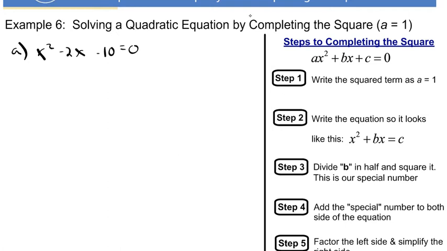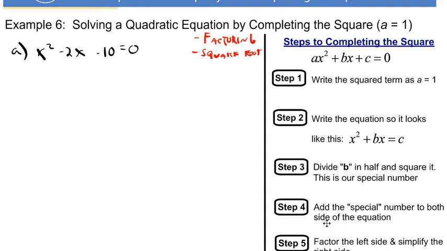We've learned how to solve quadratics by factoring, and we've solved quadratics by the square root property. Square root, not square roots. Okay, right? So now we're going to add on a third method, completing the square.